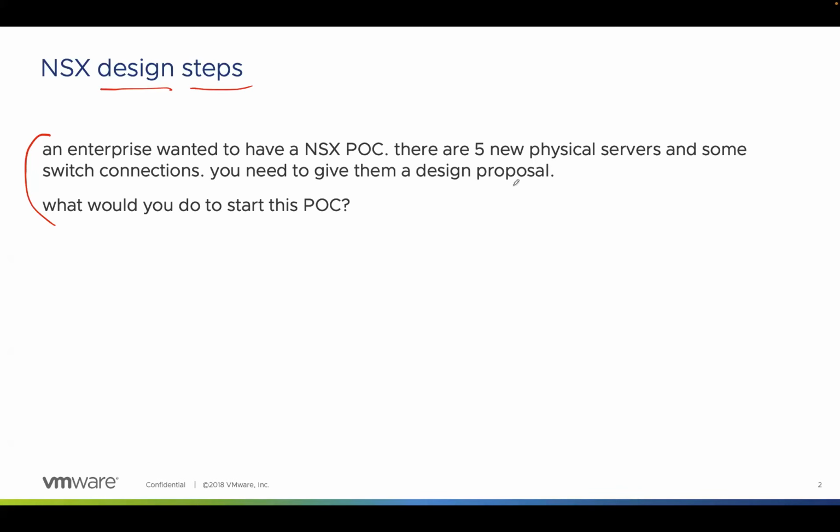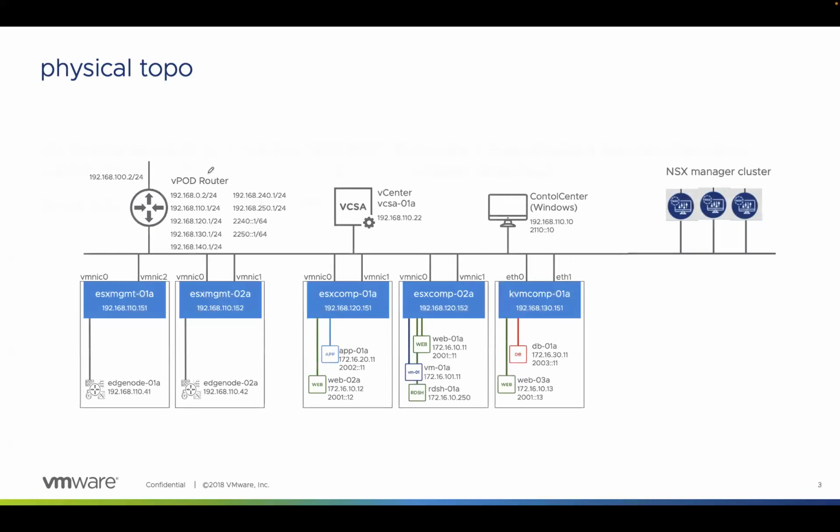You need to give them a design proposal for this POC or a real deployment. So what would you do to start this POC? The purpose of this session is how to design NSX for your whole system in the enterprise.